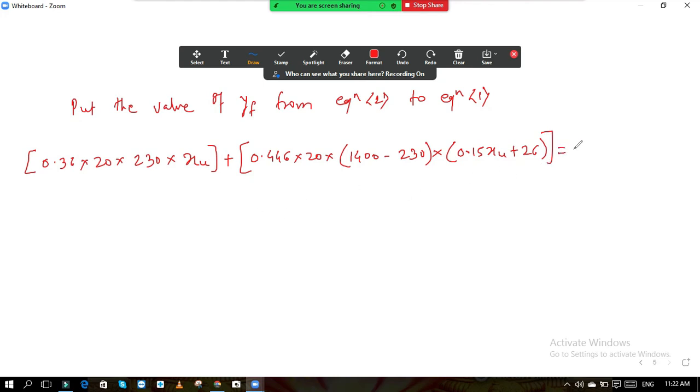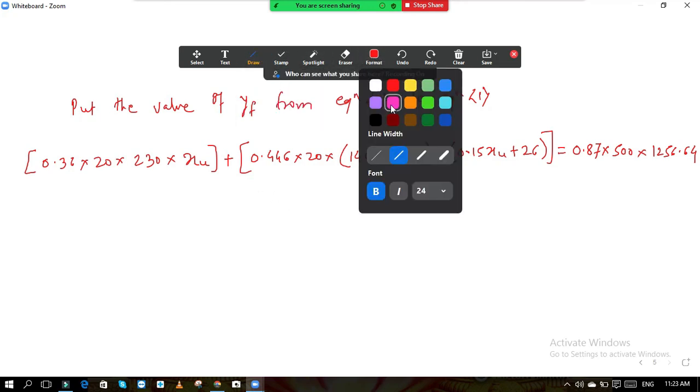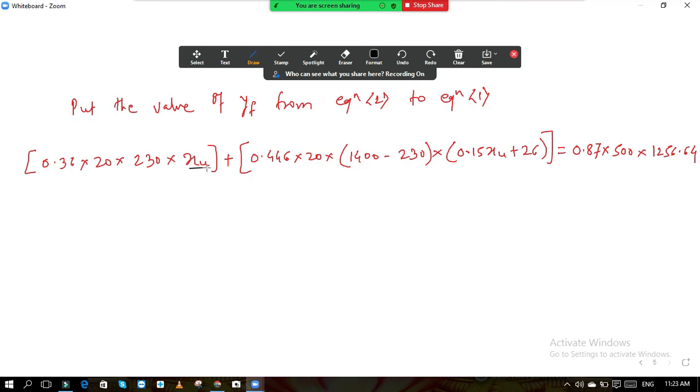All this is equal to 0.87 FY, FY is 500, into AST 1256.6. Now you can see there is only one unknown, and that is XU. We need to find the value of XU. So the answer is 85.45 mm. This is the value of XU as per case number 3.